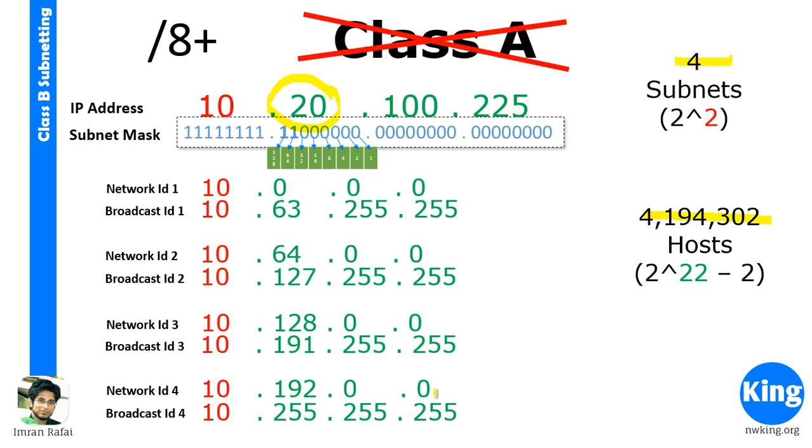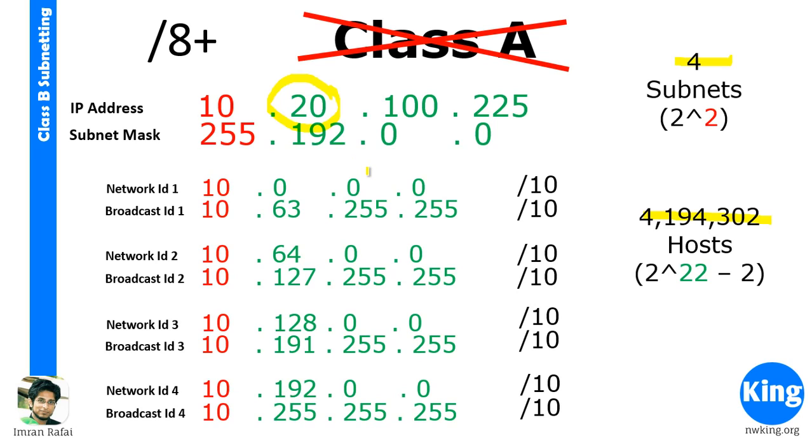Broadcast ID 4, which is the last broadcast ID, is nothing but 10.255.255.255. Because of the changes that happened, the new subnet mask is 255.192.0.0, and because of the change, it is /10 now.